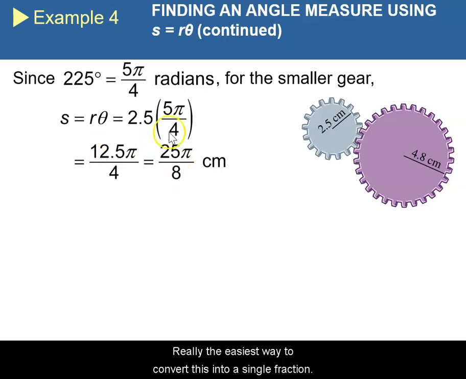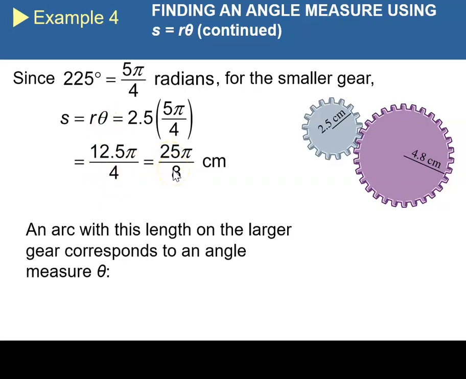Really, the easiest way to convert this into a single fraction is to convert 12.5 into a fraction. So that would be 25 over 2 over 4, and then simplify that complex fraction into 25 over 8, okay?